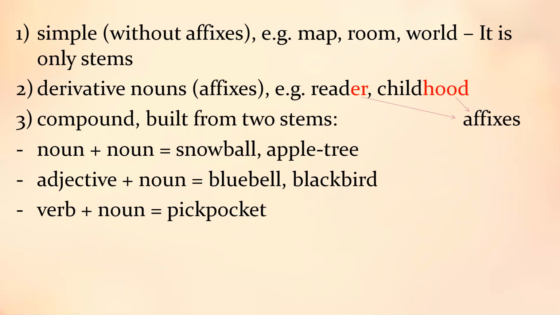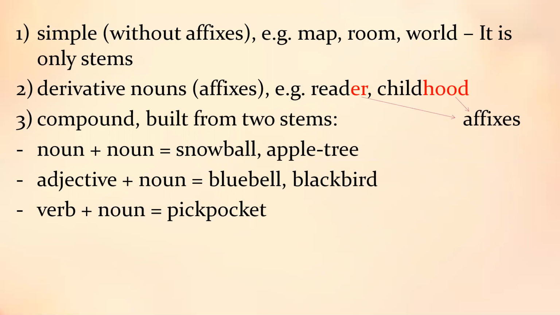Derivative nouns are those nouns that have a stem plus affixes. In our case, for example, read is a stem and -er is an affix, and together they form the noun reader. Or in the next example, childhood: -hood is an affix and child is a stem.